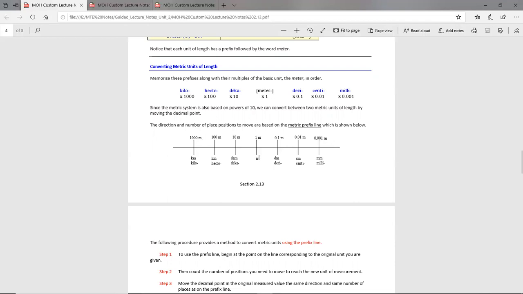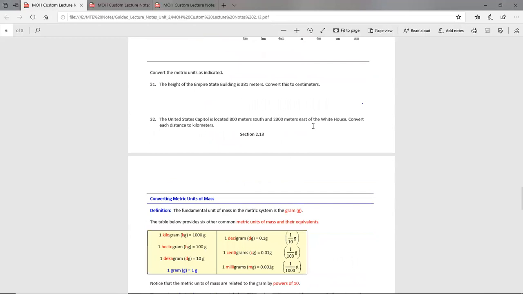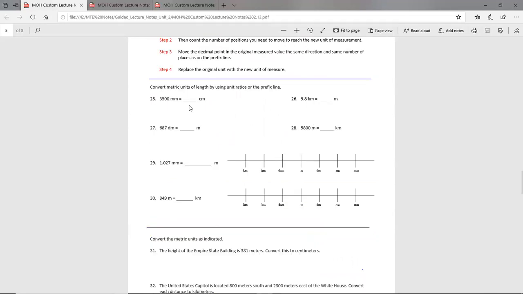You put a little dot wherever the unit you're starting with is, you go left or right to the one you're ending with, and the number of times you move in the direction you move is what you do to your decimal. I believe we stopped with examples 25 through 30.